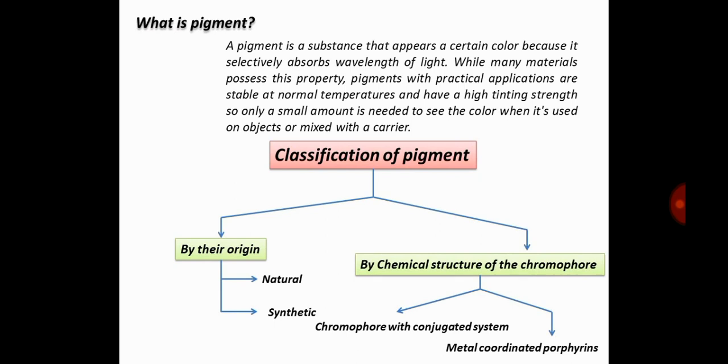Synthetic pigments are obtained from laboratories, and depending upon the chemical structure of the chromophore, pigments are classified as chromophore with conjugated system like anthocyanin, betalain, the metal coordinated porphyrins like chlorophyll.